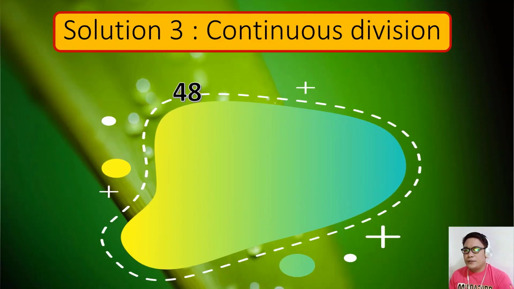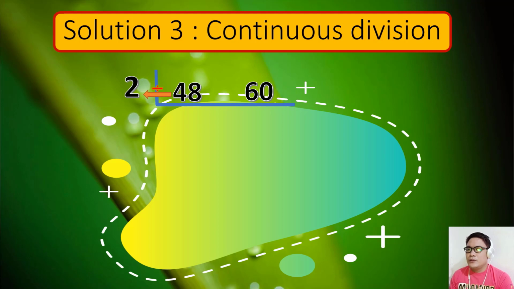So in 48 and 60, the possible prime number that can divide is 2. So 48 divided by 2 equals 24. Then 60 divided by 2 equals 30.